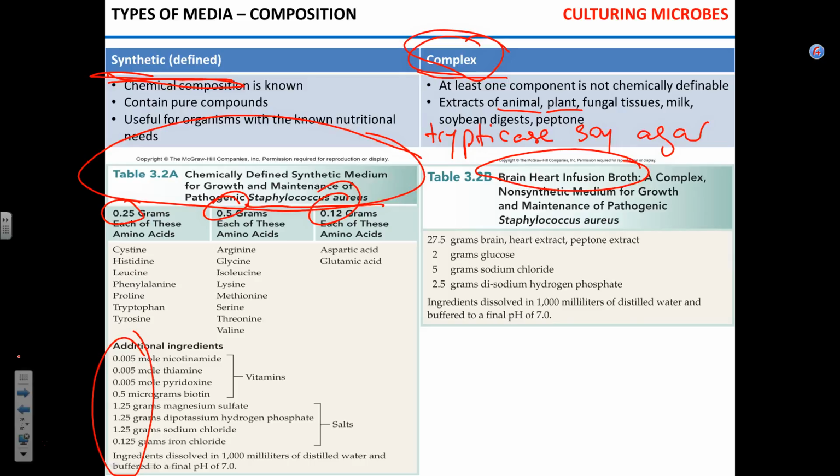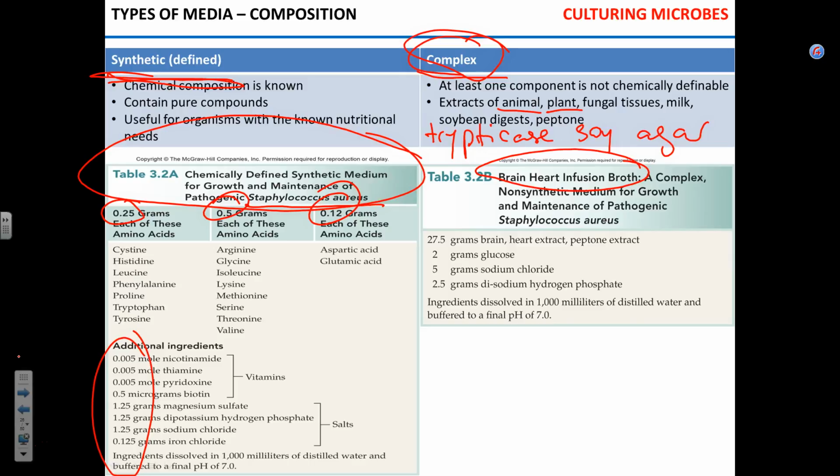But if you say, okay, we want to look at microbes of, give me an animal. Cow intestines, okay? In a fecal sample of a cow. We don't know what is there. We have no idea. So we're going to put it on complex medium.